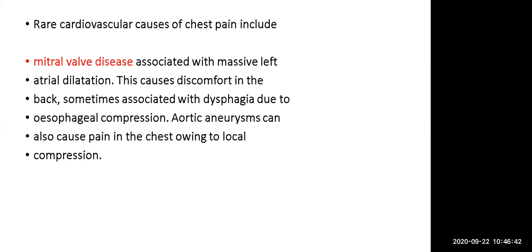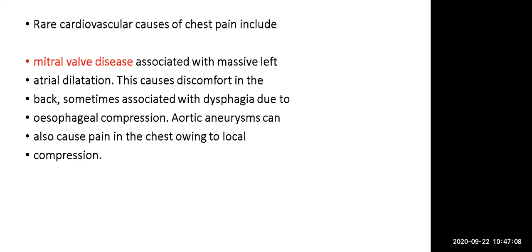So, here we go. Mitral valve disease. What kind of pain will you see if you have mitral valve disease? It causes discomfort in the back, sometimes associated with dysphagia. I hope you know what I mean by dysphagia. Dysphagia means inability to swallow due to esophageal compression.